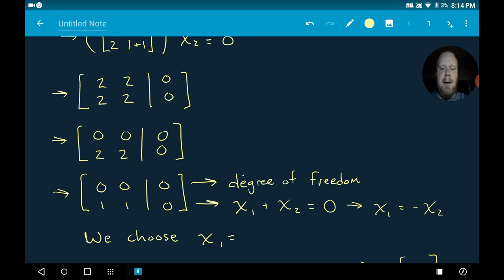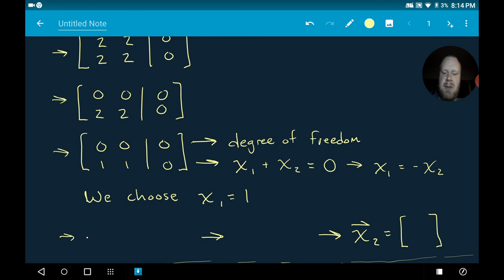Since we have a degree of freedom here, this means that we're going to be able to choose what x1 is equal to. So we can choose x1 is equal to, well, 0 is not a good choice because then we'll get 0 and negative 0. So let's choose x1 is equal to 1.